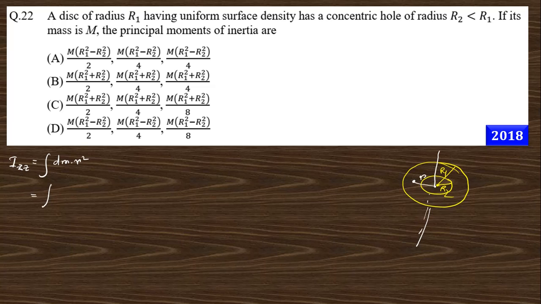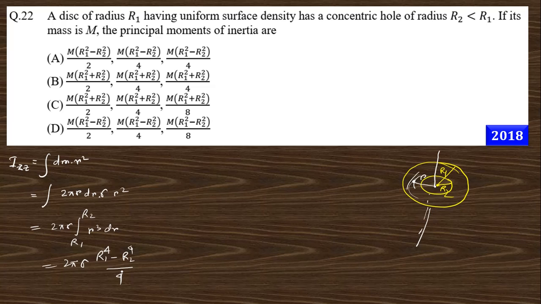If you consider a strip of ring, dm is nothing but 2 pi r dr into sigma, and this is multiplied by r square. So 2 pi sigma is taken common and the integration is from r2 to r1 of r cube dr. So this becomes 2 pi sigma into r1 to the power 4 minus r2 to the power 4, by 4.